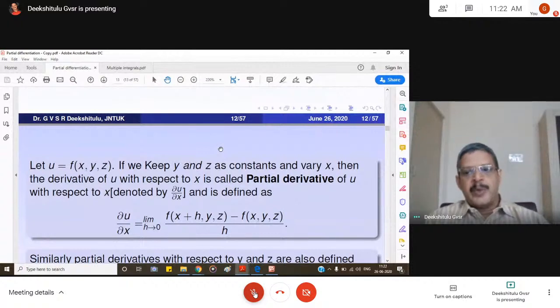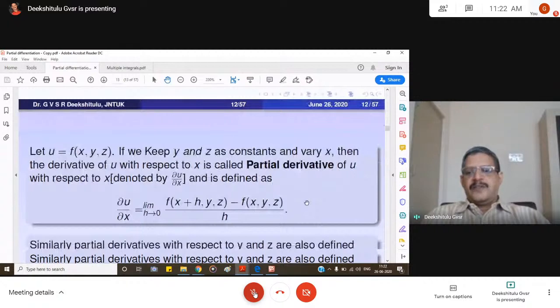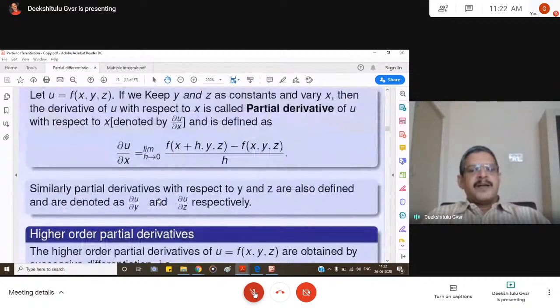Then the derivative of u with respect to x is called the partial derivative of u, denoted by dou u by dou x. So dou u by dou x is the limit as h goes to 0 of f(x plus h, y, z) minus f(x, y, z) by h. These are almost similar to the definitions in differential calculus. Similarly, partial derivatives with respect to y and z are also defined and are denoted by dou u by dou y and dou u by dou z respectively.